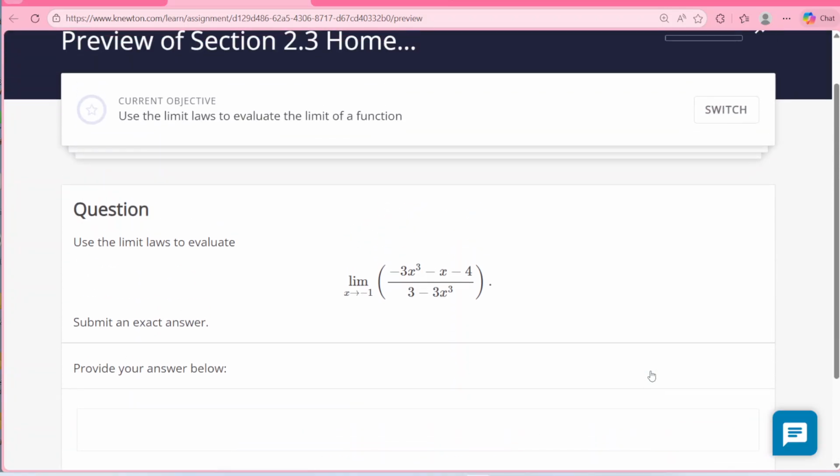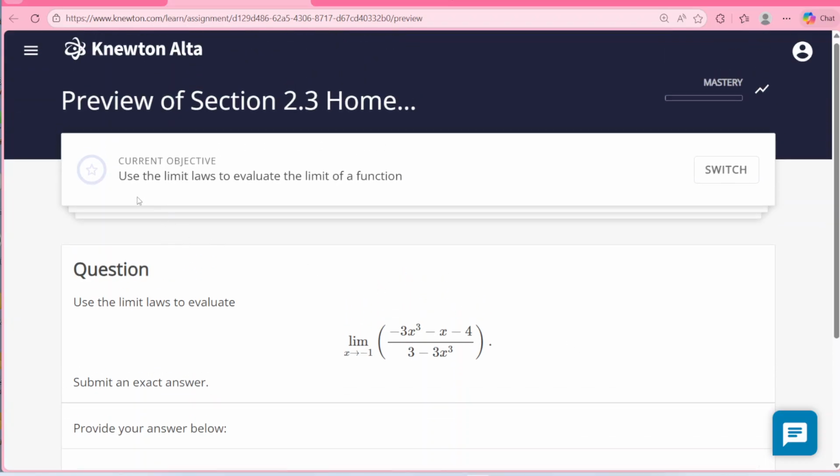All right, so this first objective: use the limit laws to evaluate the limit of a function. I'll just be listing the laws as I use them. I'm not going to write all of them out.